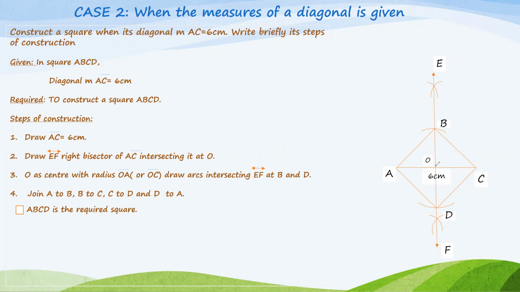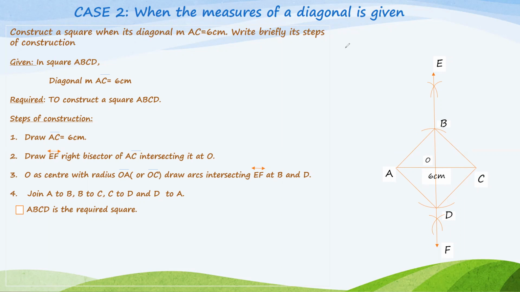Now, one more thing. How can you check the measurement of the sides of your square? Just take the scale ruler in your hand and put it at AB. Check the measurement of AB, BC, CD and DA. If all the measurements are equal, for example if AB is 4.8 centimeters and all the sides are 4.8 centimeters, that means you have drawn the perfect and proper square.